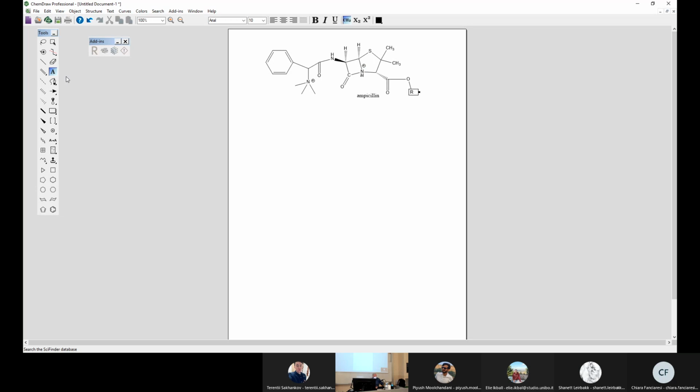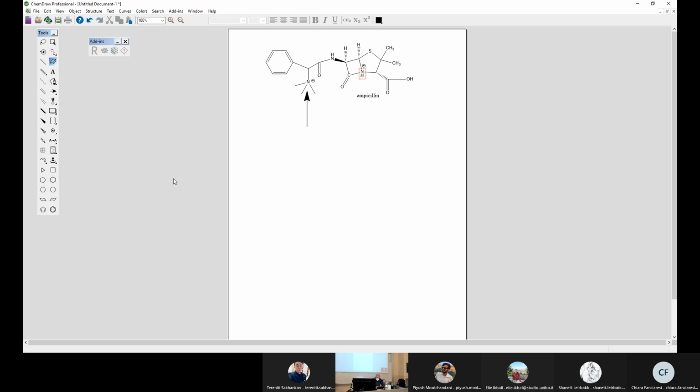There was also a third modification of the structure of aminopenicillin, where on the basic function here, the scientists saw that an increase in hydrophilicity is responsible of an increase in activity.